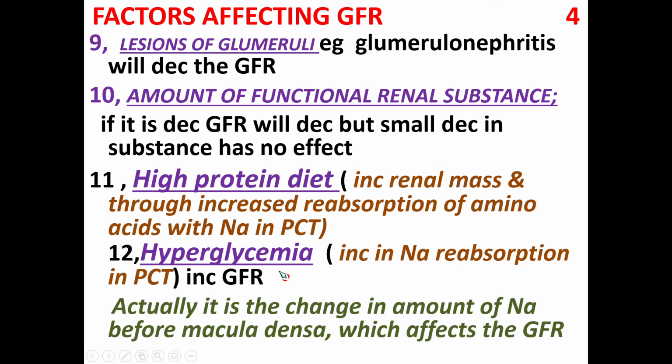We will see later on how diabetes is going to damage your kidney. Then you can understand how hyperglycemia raises your GFR. Actually, it is a change in the amount of sodium before the macula densa which affects the GFR.